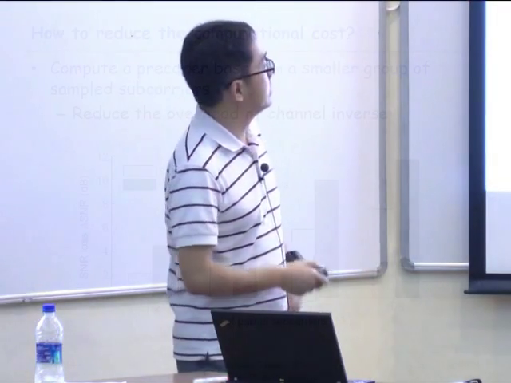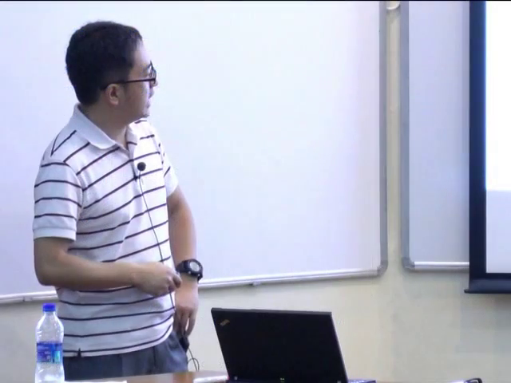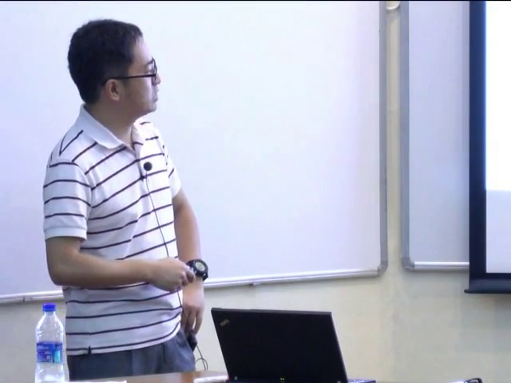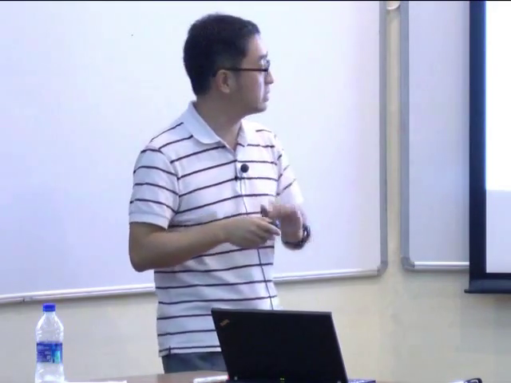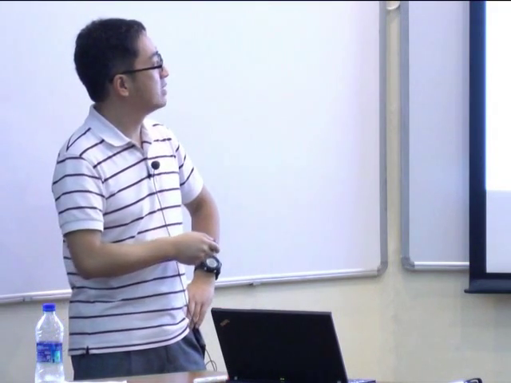So we did a few experiments. Actually, we found that this is not really good. If we pick 1/2, that means we remove half of the subcarriers and only compute the channel inverse of half the subcarriers. In a stable environment, we got 2 dB loss, because of the error in this approximation.